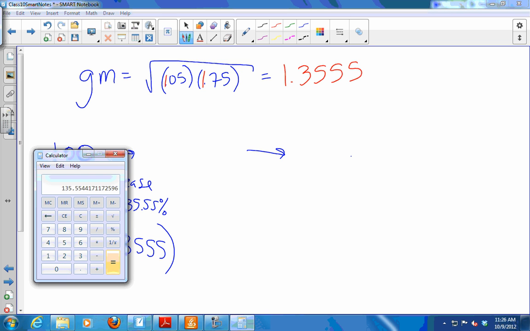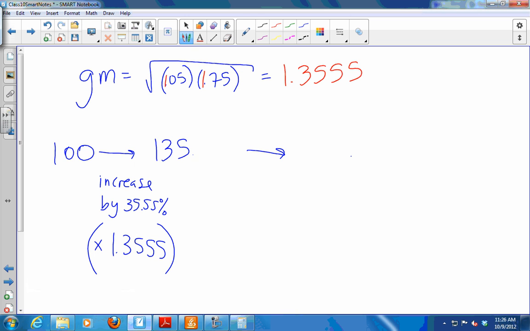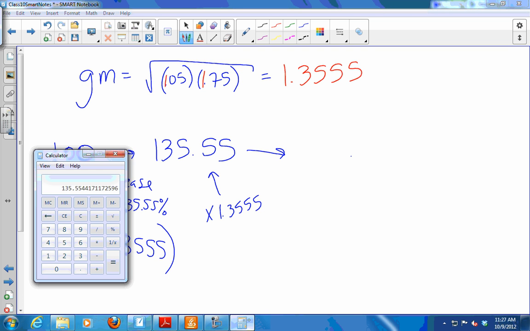So I get 135.55 students. Now I need to increase that amount by 35.5% again. So I multiply again times 1.3555.